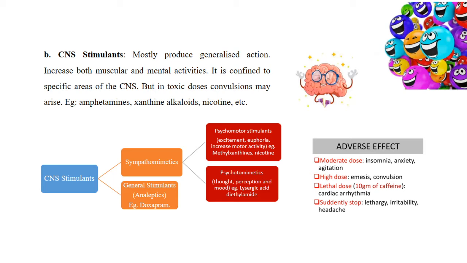For example, if a particular rope is lying near us, we won't feel it as a rope. We may think of it as a snake. Okay, so there is a gap in communication between the neurons. Such reduction in communication is caused by the psychotomimetics.